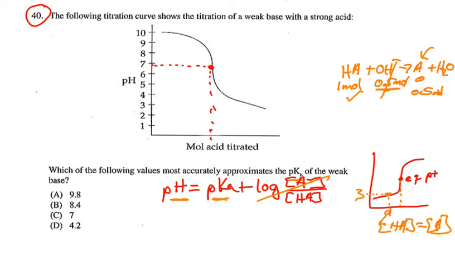Well, halfway to adding as much acid is about there, and so the pH looks like it's between 9 and 10. Now you might think that the answer is going to be A then, but that wouldn't be true, and the reason is because that is the pKa, 9.8, not the pKb. So we need to subtract it from 14, and so the answer looks to me like it's going to be D.